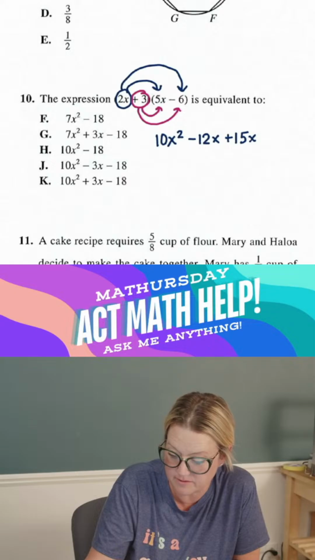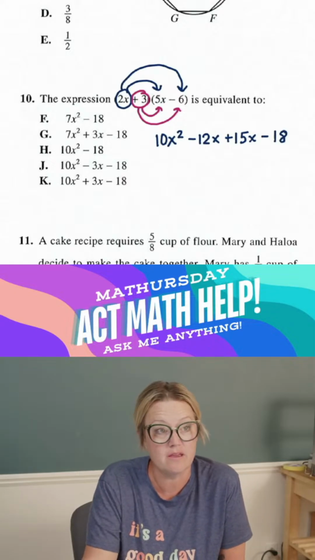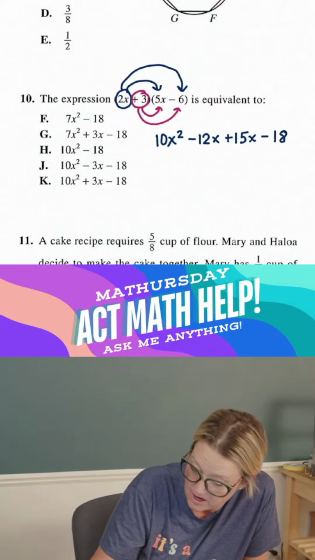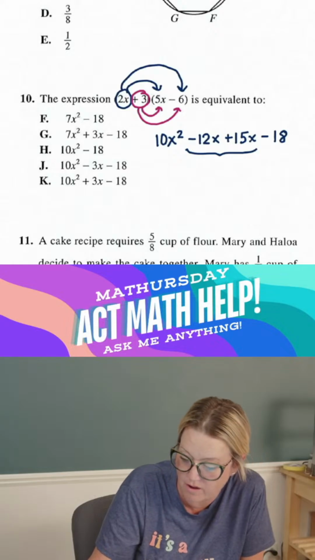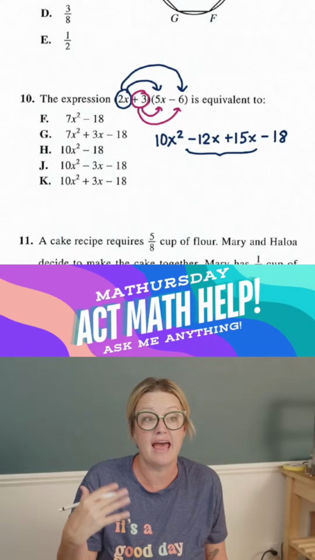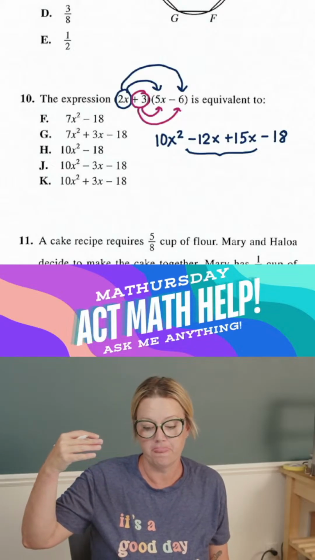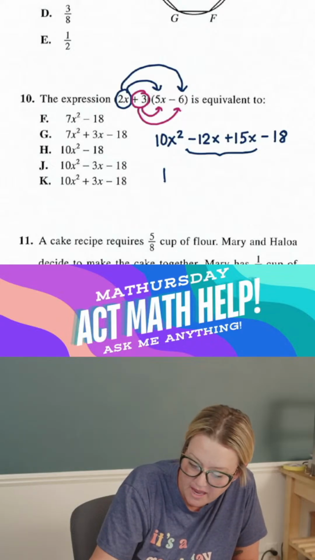And then the plus 3 times -6, which is -18. And then I look to see if anything can be combined, and it can. So the only ones that I can combine are the -12x and the plus 15x, because they both just have an x by itself without an exponent.